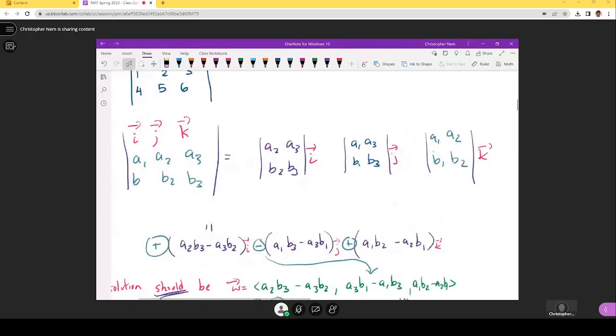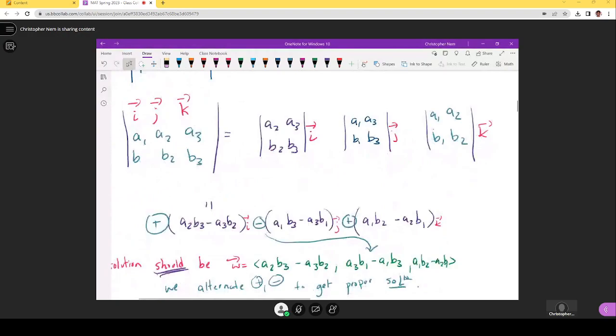If I solved that matrix a while back with reduced row echelon form, I get that the solution should be in green. However, that doesn't match what the determinant says. So what I need to do is, if you notice, that second component is literally the same as my second determinant component, just that the signs have changed and I commute the two terms. I swapped a3 and b1 with a1 and b3 and had the negative swap for that.